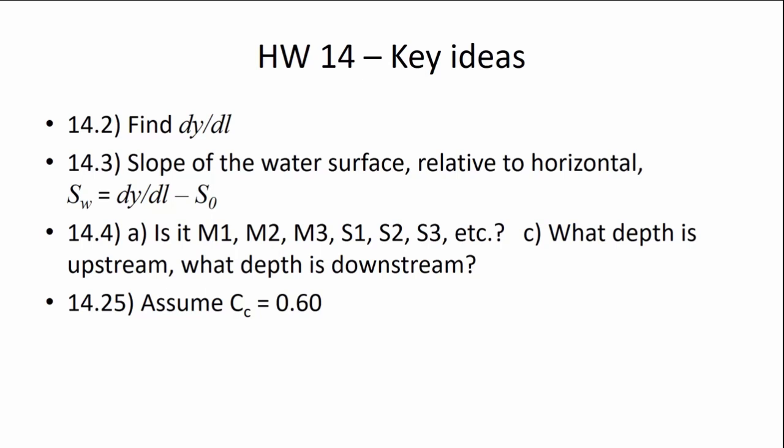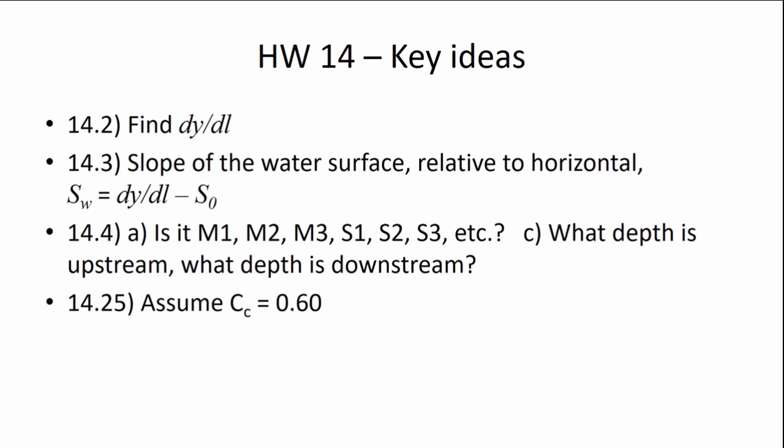Now in problem 4, they're asking you to classify a water surface profile type, and we'll talk about what those abbreviations mean as we look at some pictures in class today of what causes gradually varying flow. What they're asking you to classify is the typical shape designations that are assigned, and they want to know that in part A. And then in part C, based on part A, they want you to say whether the critical depth is upstream or downstream, and whether the normal depth is upstream or downstream.